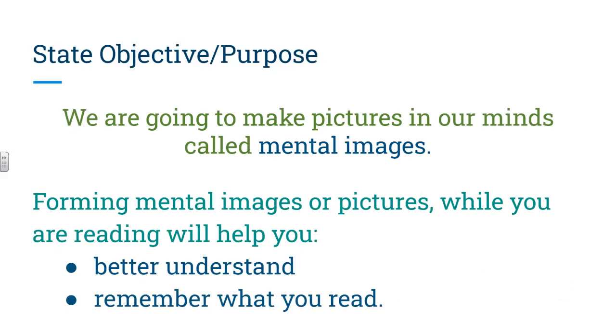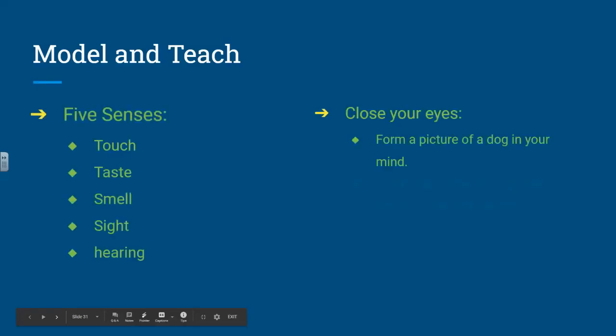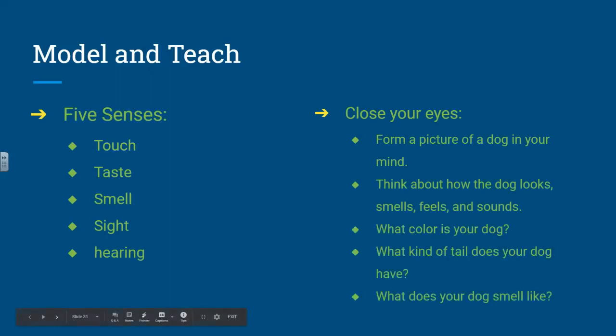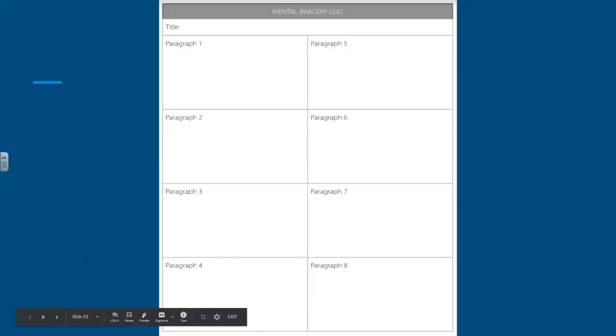So again, we're forming those mental images so we can better understand and so we can remember more of what we read. I hope this was helpful for you guys. I want to show you that mental imagery log one more time real quick. Let me get to it. You can use this for anything that you read.